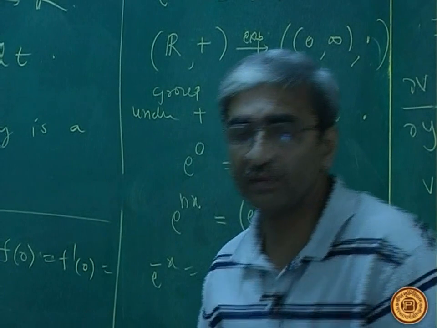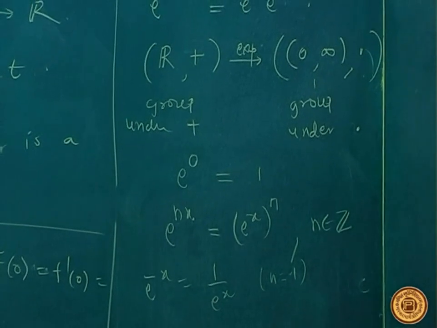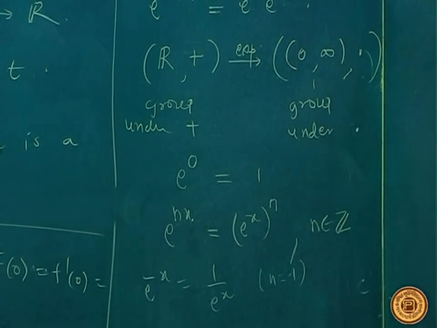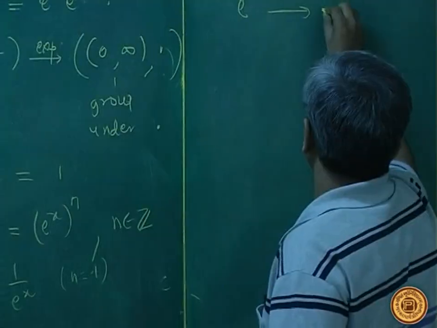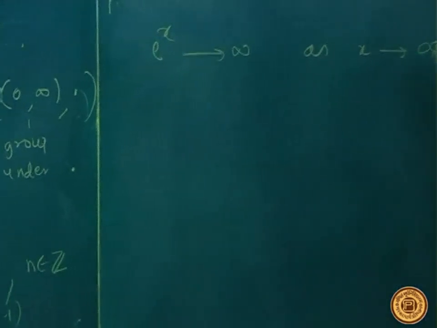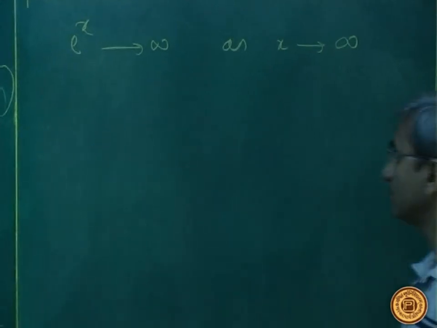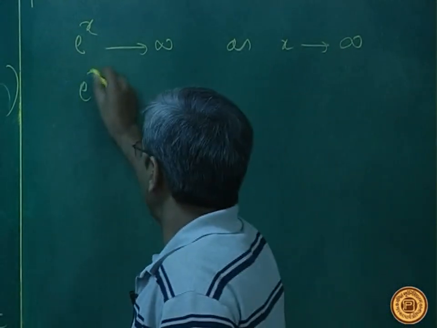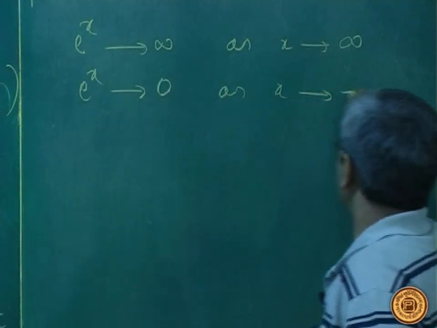Next is e to the power x goes to infinity as x goes to infinity. And e to the power x goes to 0 as x goes to minus infinity.